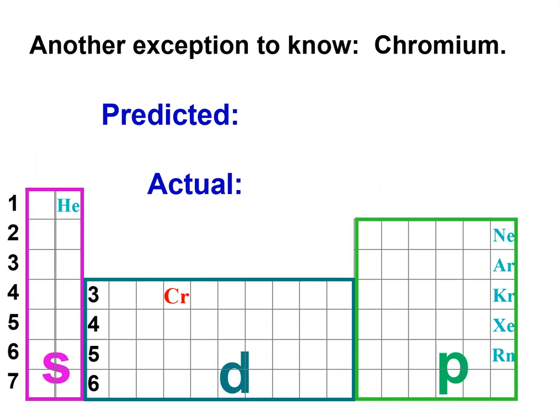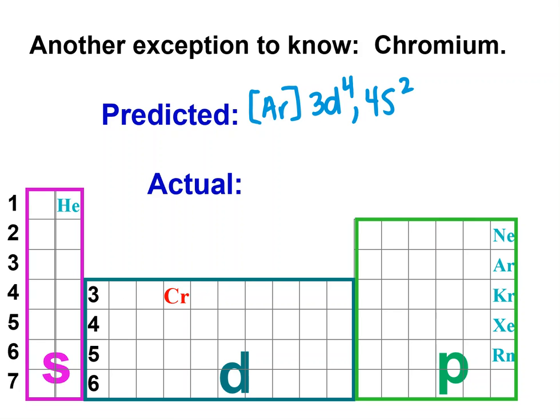Another exception to know, and there's just two, let's look at chromium. If we back up on chromium, we're going to have argon, and then I'm going to go ahead and put this in order. It will be 3d4, 4s2. And like I said, having 5 in the D sublevel will make it a little more stable.